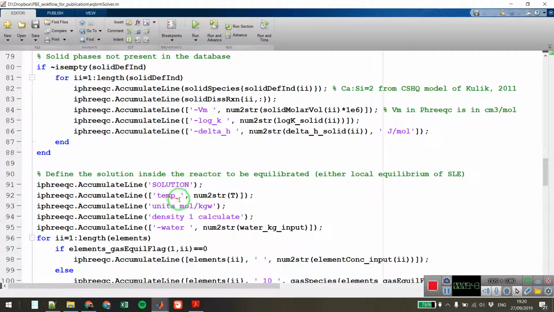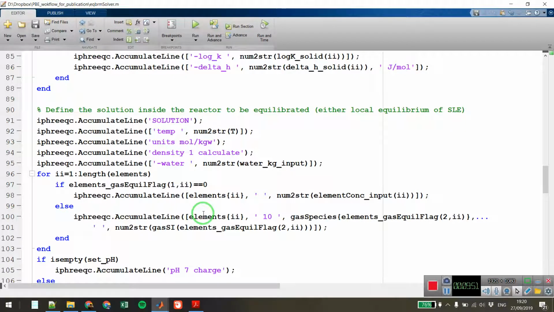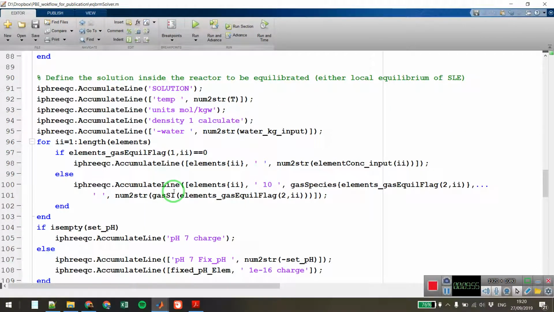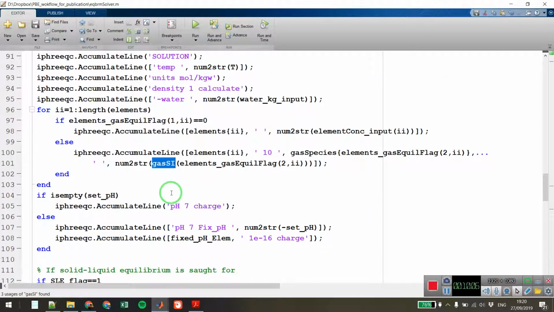So you provide a temperature and units. Obviously, you're working mainly with SI units here, unless otherwise mentioned. We have density, and then we have the amount of water. Then for different elements, we either put in the amount of that element or it is calculated based on enforcing the saturation index with respect to that gas, or more precisely by enforcing a partial pressure.